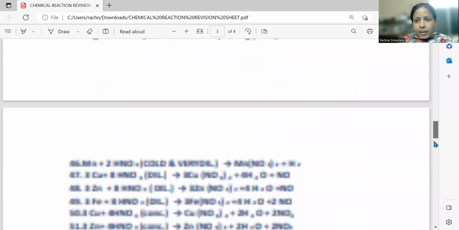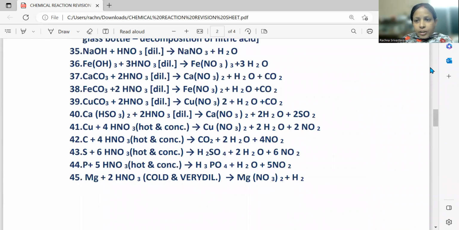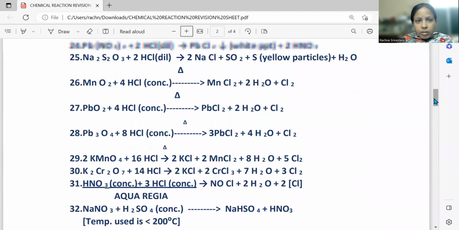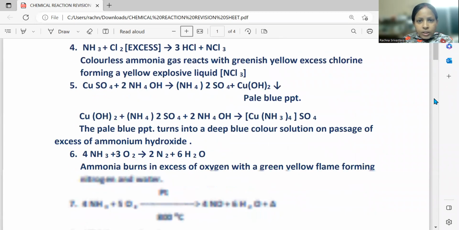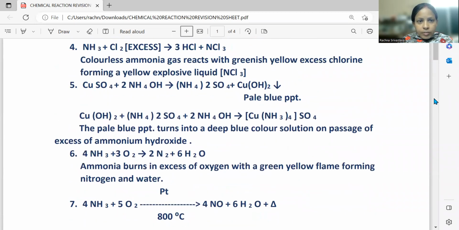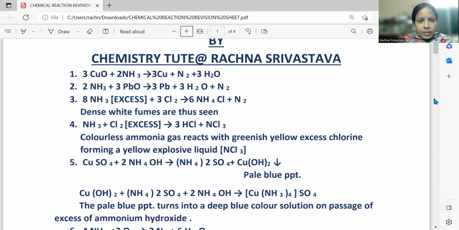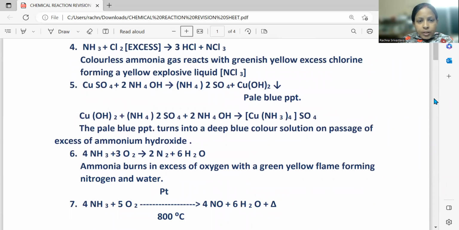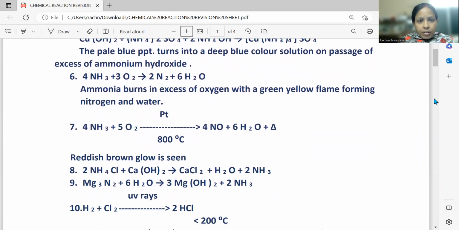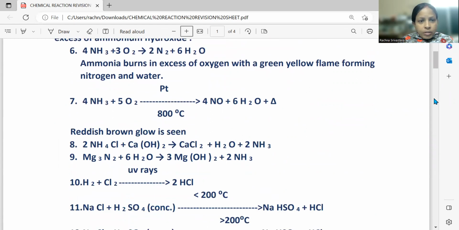I am just sliding all the reactions once again for you all, so that you can easily glance through them. Here it goes, the revision sheet. It starts from here. If anyone has missed, I'm just pausing and then I am scrolling down.